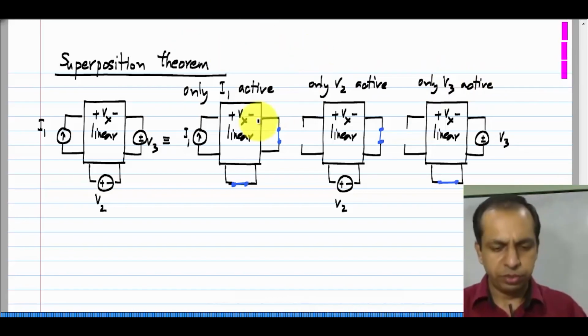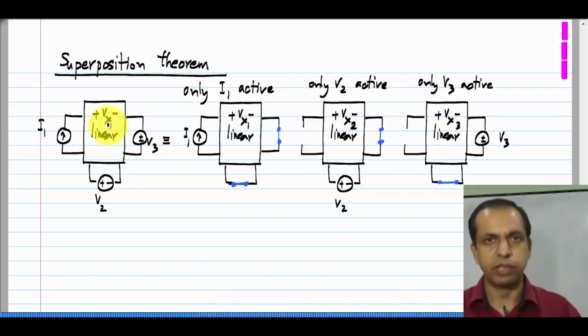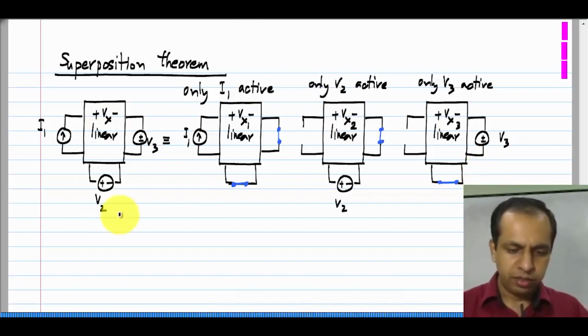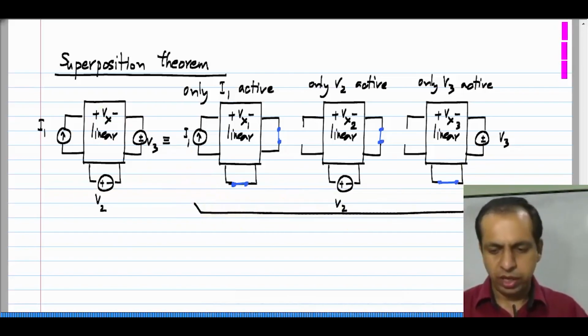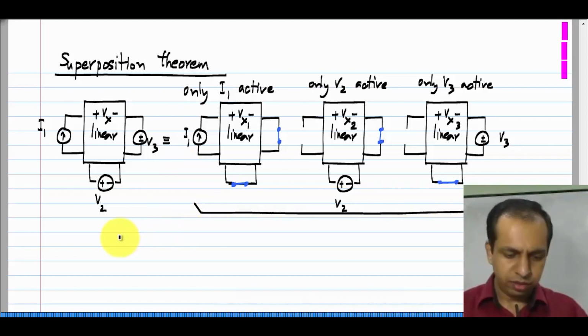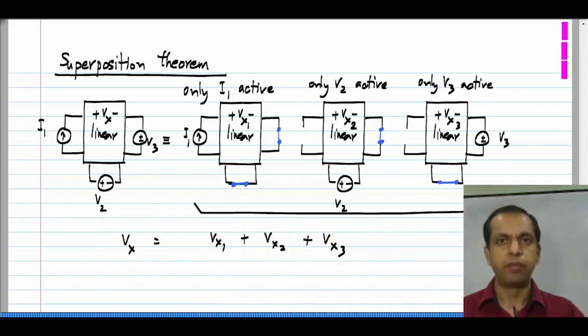I measure Vx with each of these cases. I could label this Vx1, Vx2 and Vx3. It is the same place that I measure Vx. It is across the same branch, let us say, or between the same 2 nodes. Then I will superpose these cases and find the solution. Vx is Vx1 plus Vx2 plus Vx3.